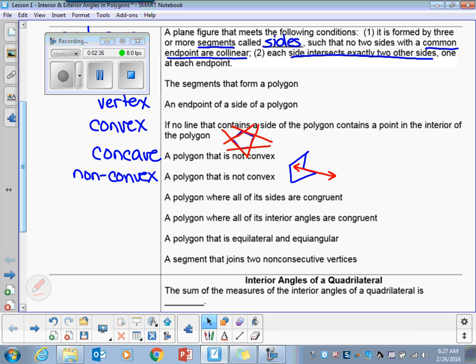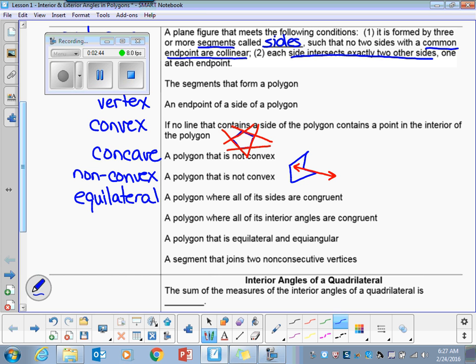If all of your sides are congruent, it is equilateral. You have seen equilateral triangles. Now you're going to see equilateral quadrilaterals, pentagons, hexagons, octagons, and so on. If all of the interior angles are congruent, it is equiangular. Now in triangles, equilateral and equiangular go together.